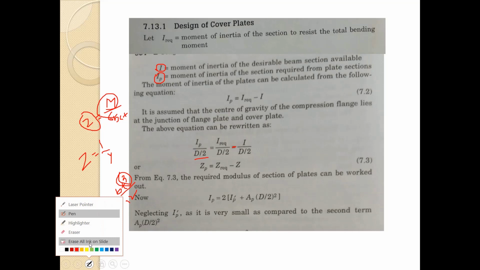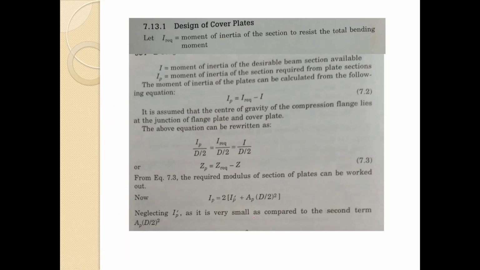So we are neglecting I dash p, as it is very small compared to the second term.